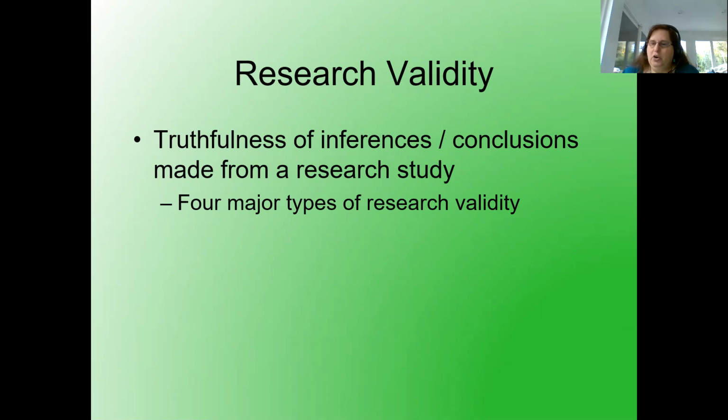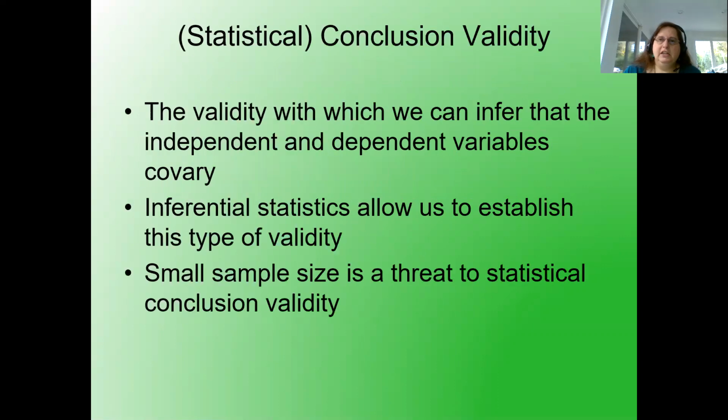Okay, so you are always running a study to try to show whether you can reject or not reject a null hypothesis. You're trying to reach a conclusion. And how much can we rely on our conclusions? Well, it has a lot to do with research validity. Okay. And there are four major types that we'll talk about today.